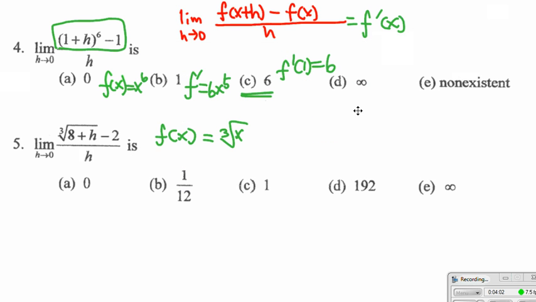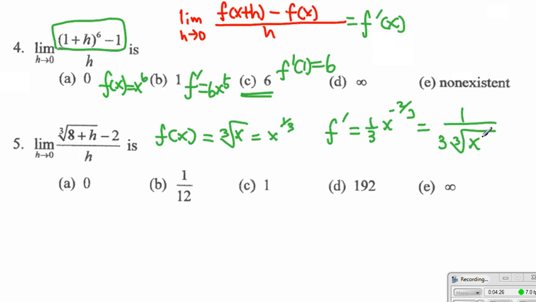Then, if you rewrite this one, that's equal to x to the 1/3 power. Then what is f prime of x? In this case, it will be 1/3 times x to the -2/3 power. Now, in other words, this will be 1 over 3 cube root of x squared. That's what we end up getting.